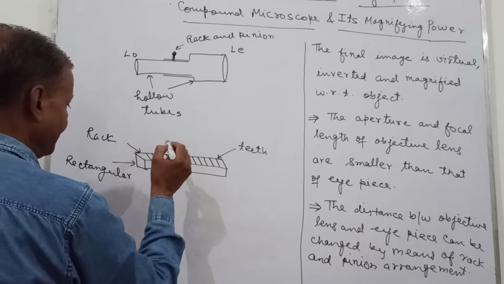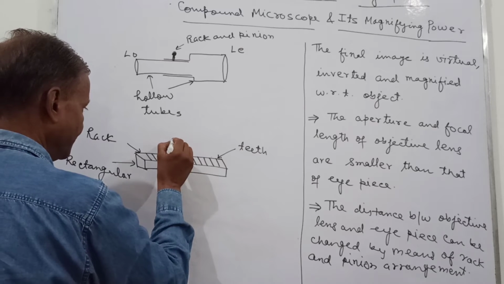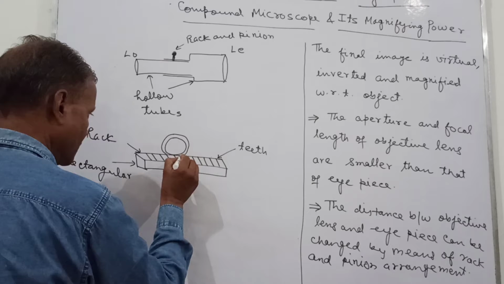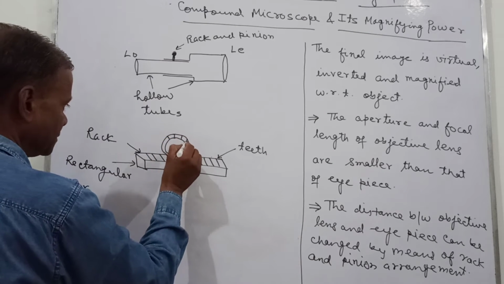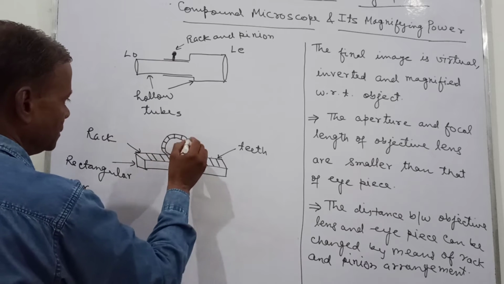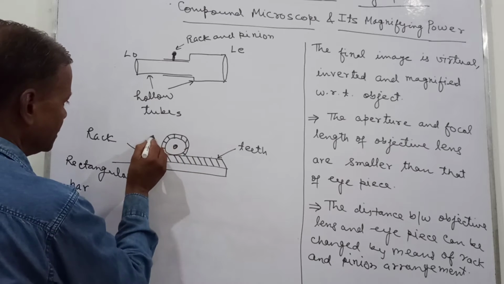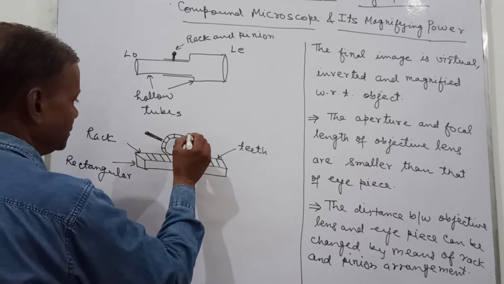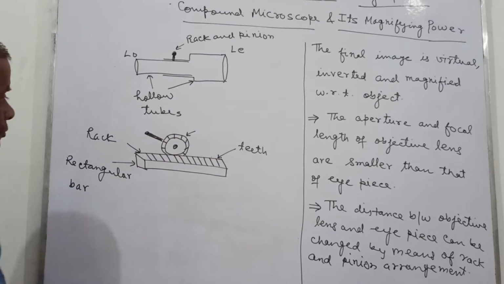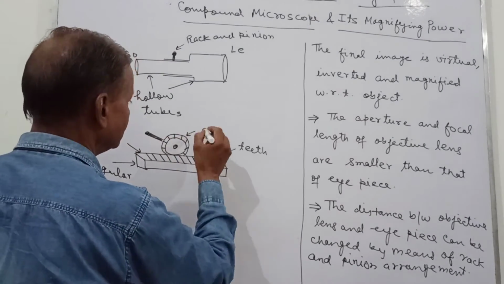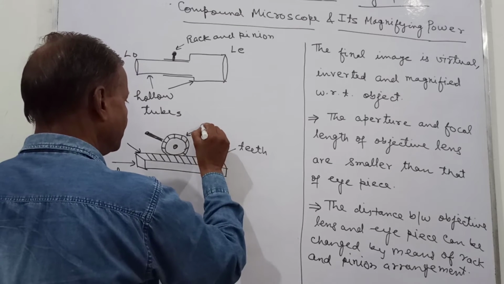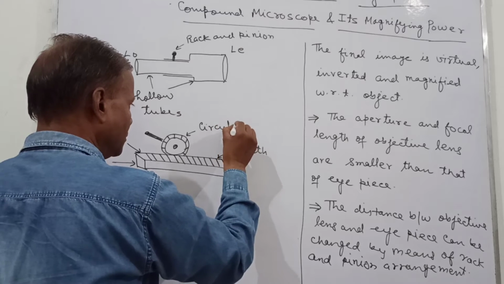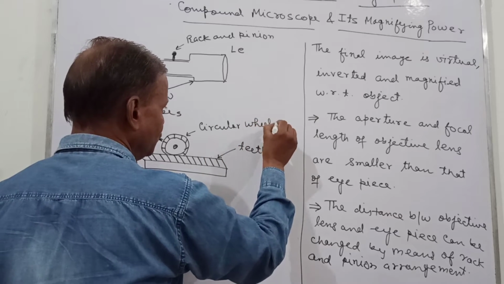And now we are having a circular frame, and this also has teeth. This is a circular wheel gear.